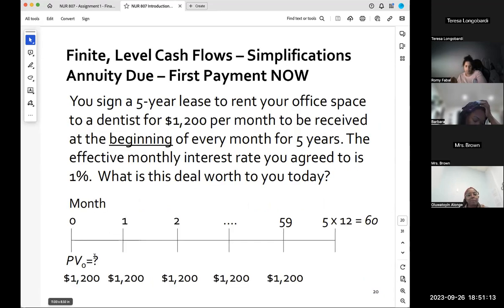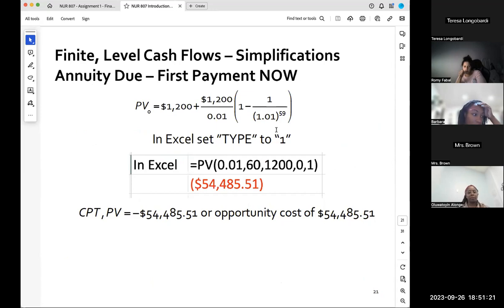Oh no, this one is not. And this one I told you, this is beginning, when it's just right here. And when it's beginning, you have to put the 1 inside the formula at the end, not 0, to tell it that the payments are at the beginning of the period. Otherwise, the formulas are all for the end.